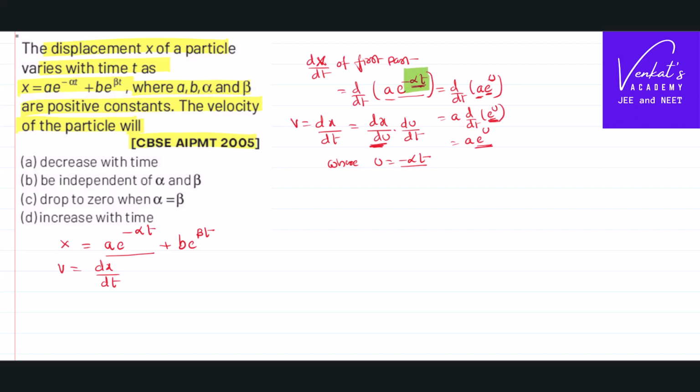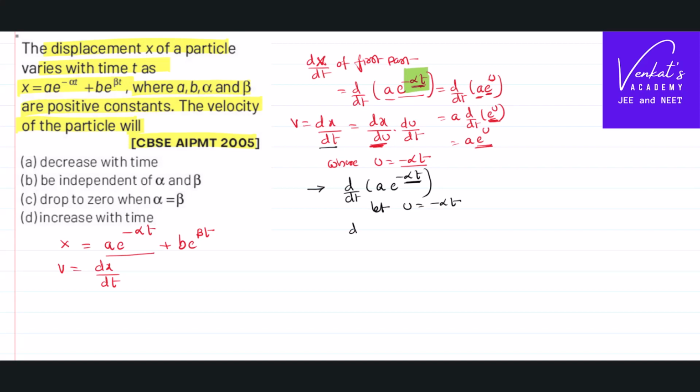I am just trying to tell you that, for the sake of clarity, I am repeating the given function, d by dt of a e power minus alpha t. As there is a factor, I can't do it directly. Rather, I have to assume something. So let us assume u equal to minus alpha t.